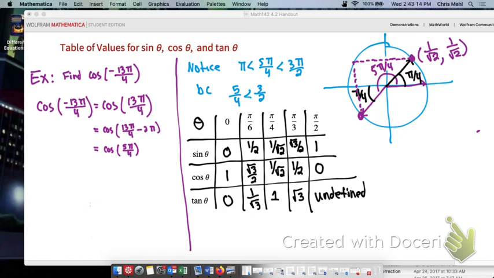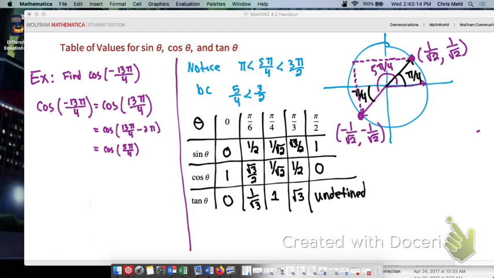So for the angle 5 pi over 4, the terminal side points to the point on the unit circle with coordinates minus 1 over root 2, minus 1 over root 2. So cosine of 5 pi over 4 is the same as sine of 5 pi over 4. They're both minus 1 over root 2.